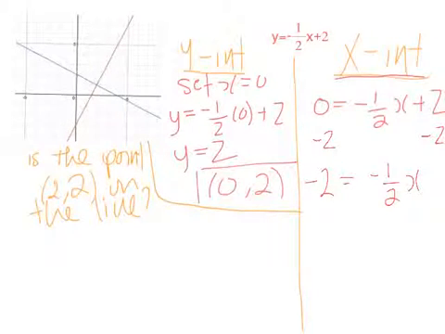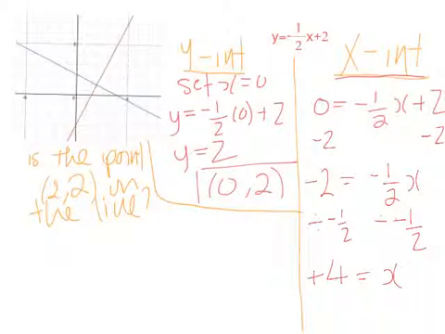At this point, you'd probably times by -2, but if you really want to, you can divide by -1/2 if you want to stick to your processes. Divide by -1/2, and you'll get x equals, put it in your calculator, -2 divided by -1/2 is positive 4. My bad.